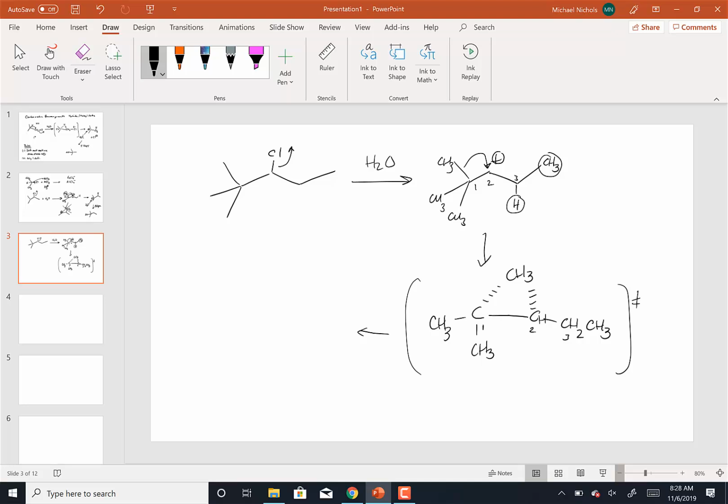And I'm going to end up with the result of CH3 attached to the C, attached to the CH3. Now the carbocation there, carbon 2 in my numbering scheme, now gets the methyl group, and nothing happened to carbon 3. So my methyl group shifted from carbon 1 to carbon 2.